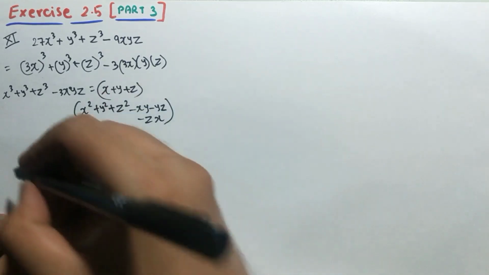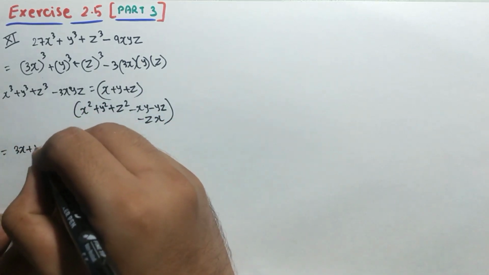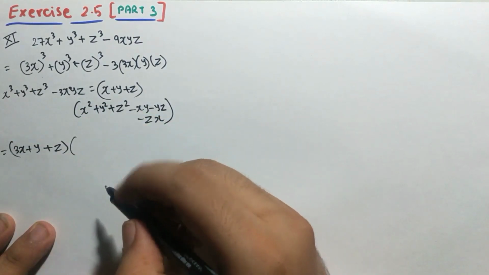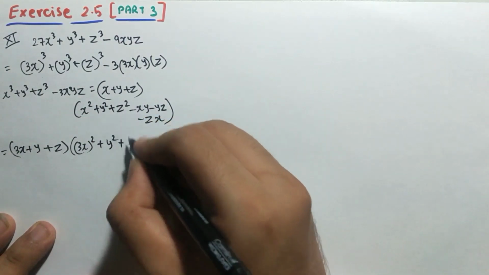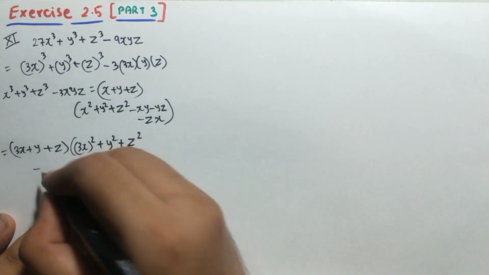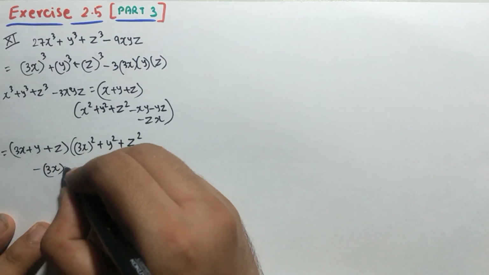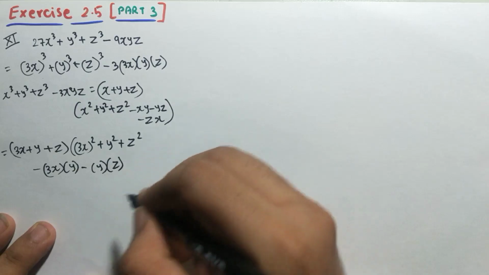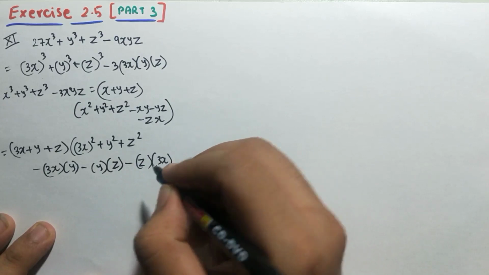If I apply this identity, that is first term plus second term plus third term in one bracket, that is 3x plus y plus z, multiplied by the square of the first term, that is 3x square, the square of the second term, that is y square, the square of the third term, that is z square, minus first term into second term, that is 3x into y, minus second term into third term, that is y into z, minus third term into first term, z into 3x.